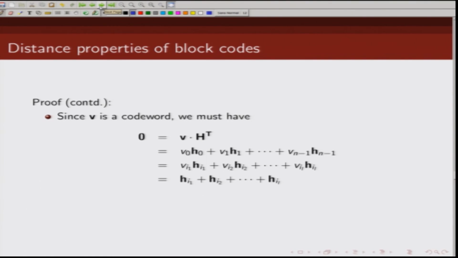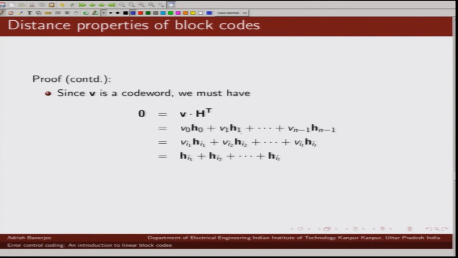Now, we know that if V is a valid code word, then V H transpose is equal to 0. We can write this as V0 times H0 plus V1 times H1 plus V2 times H2 up to V(n-1) H(n-1).